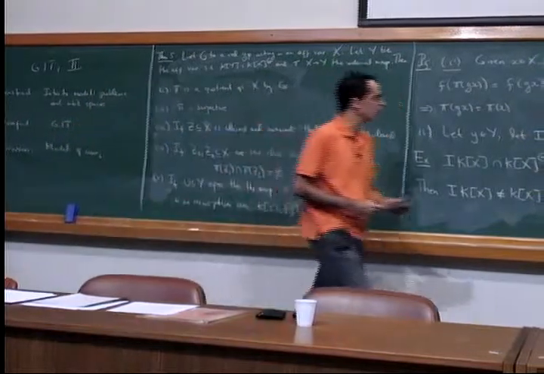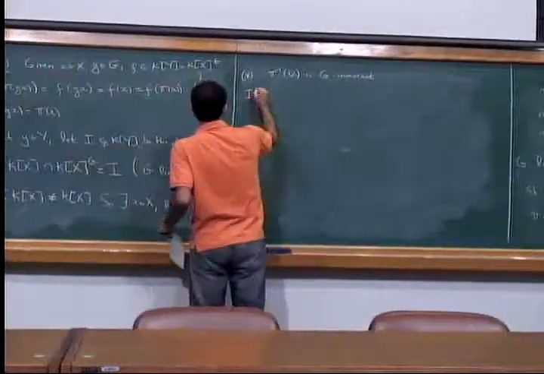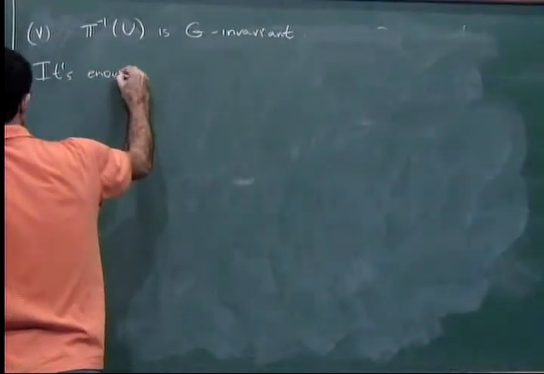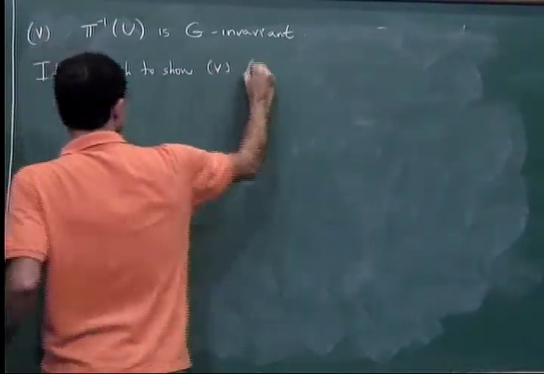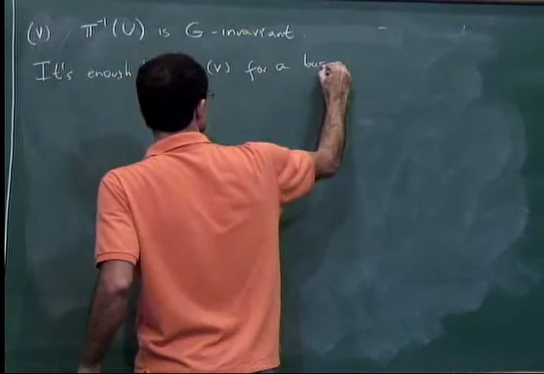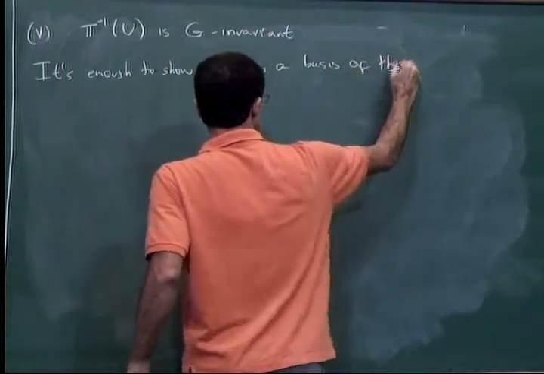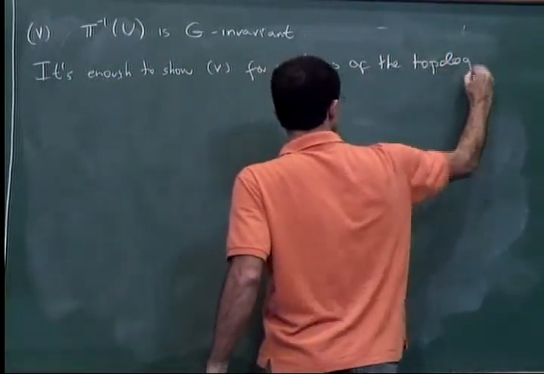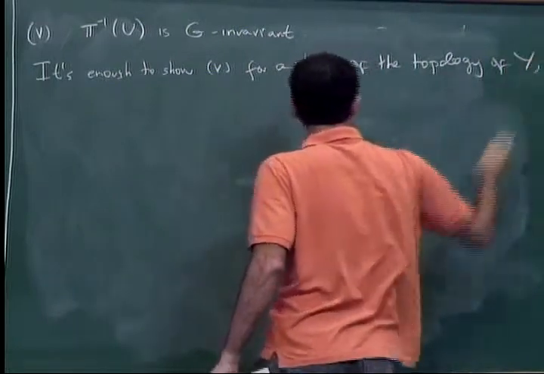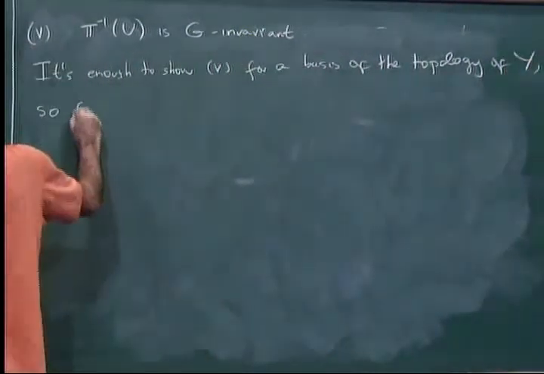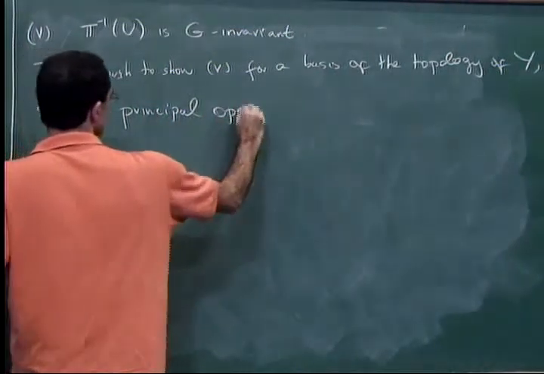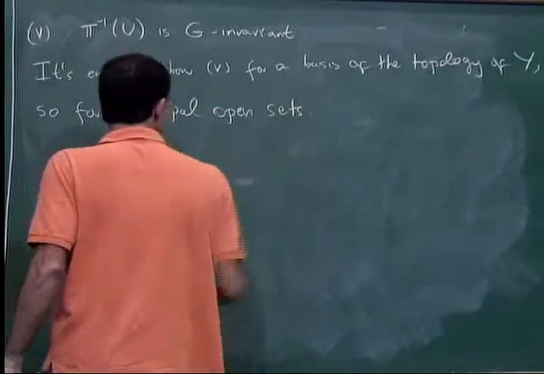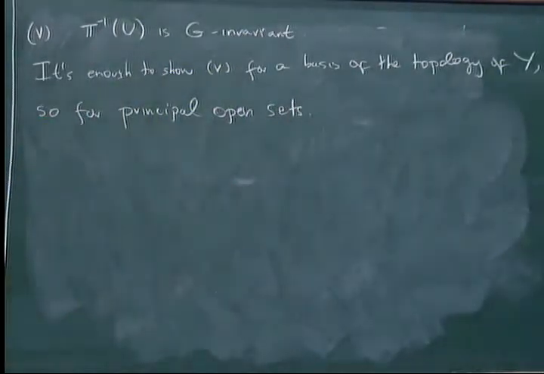So it's enough to show 5 for a basis of the topology, so for principal open sets. So it's just a gluing argument, simple.